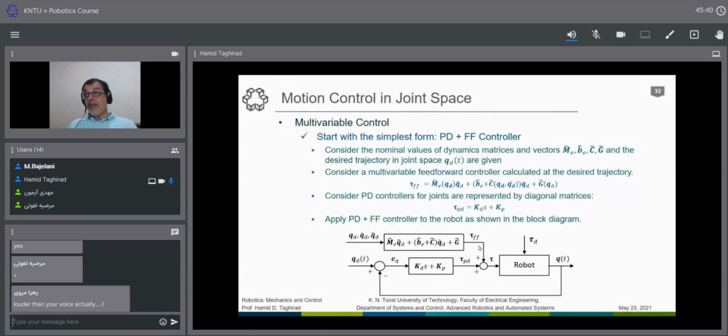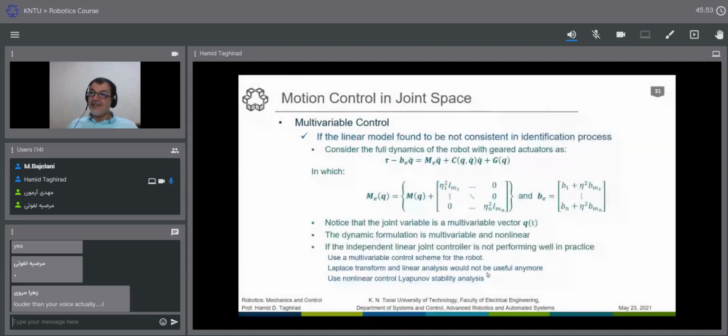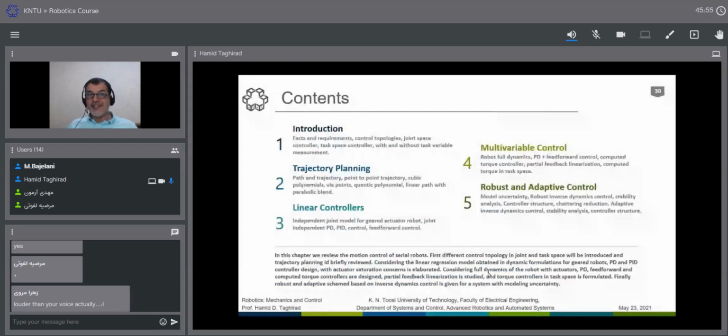This is not the whole thing, we have another term here. And the other term is also borrowed from the feed-forward case. You see, in the last part you have the linear dynamics coming into the picture. Here we use the nonlinear dynamics.